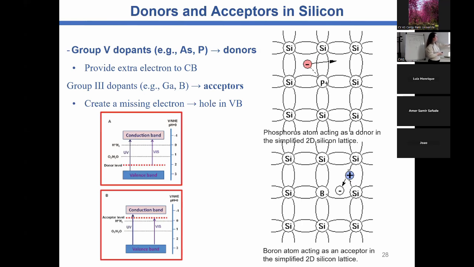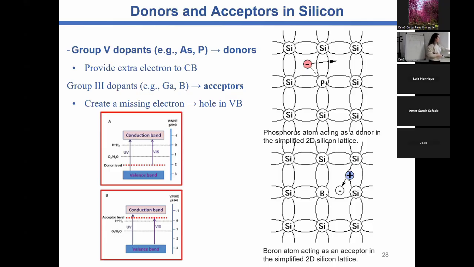For instance, here we dope with one acceptor, so we created one state with lower energy than what we had earlier without any doping.